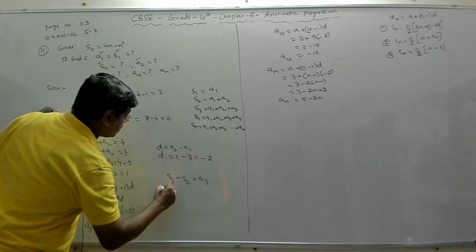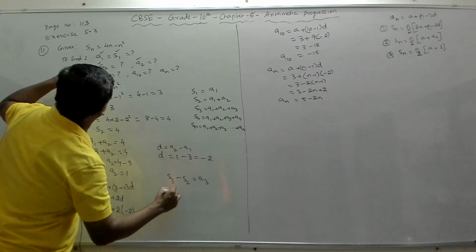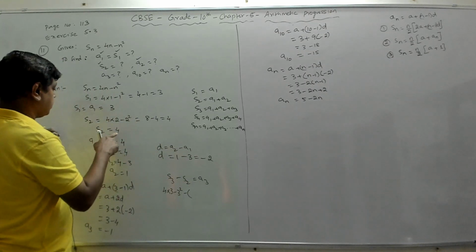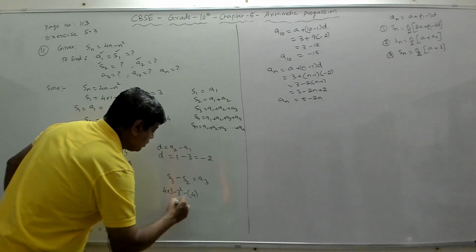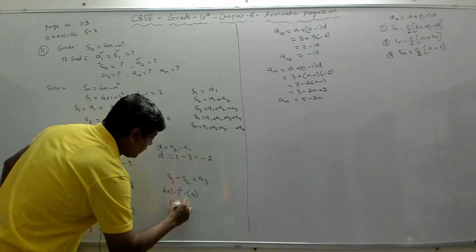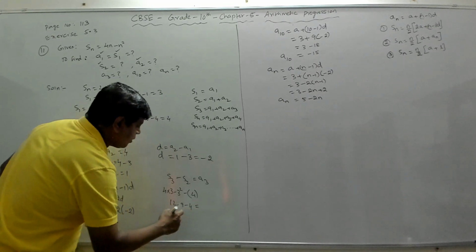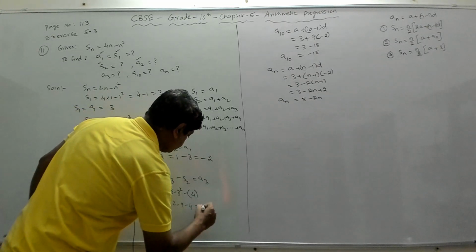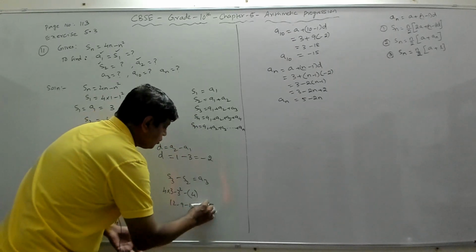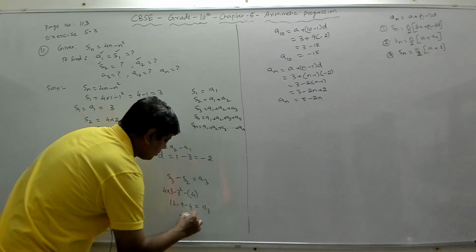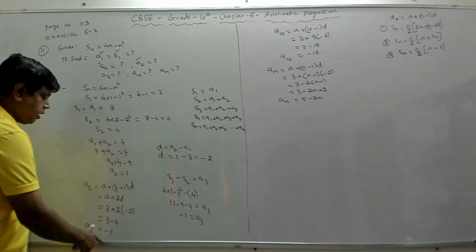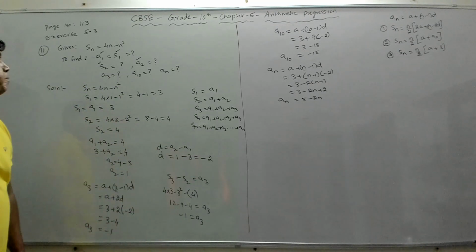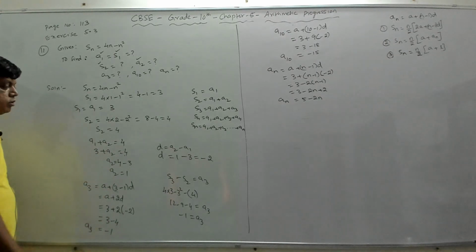So 4 into 3 minus 3 square, minus S2. S2 we know. S2 is 4. So this is 12 minus 9 minus 4, which will give you minus 1. That is your A3, which we have got as minus 1 earlier also. So we can do it this way also.